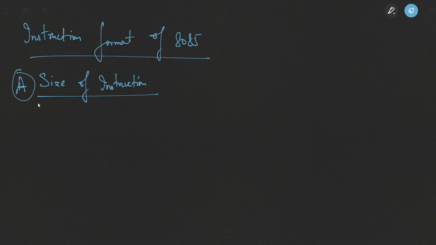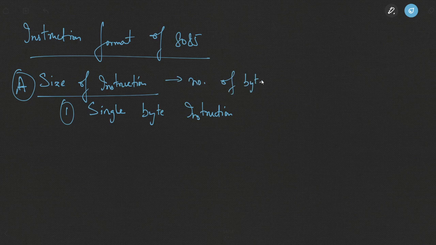In 8085, you'll see single byte instructions. The size of the instruction basically refers to the number of bytes that the instruction takes in the memory.